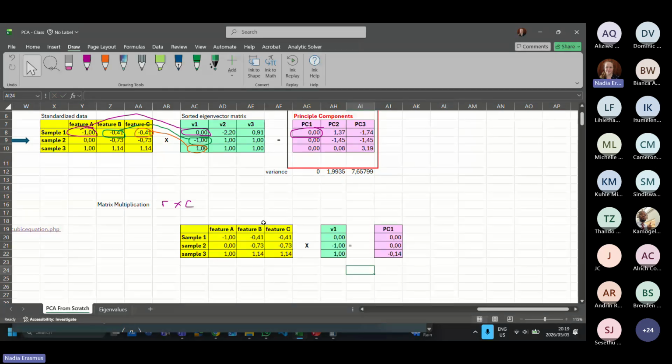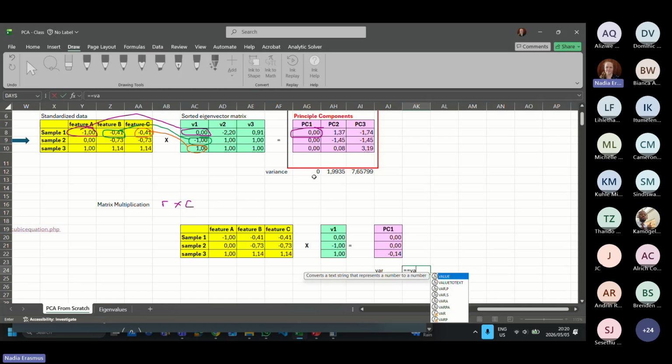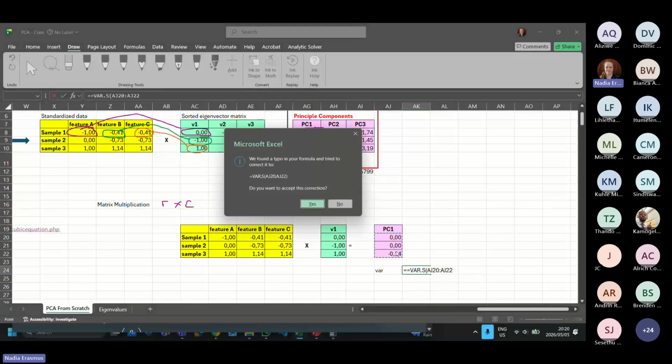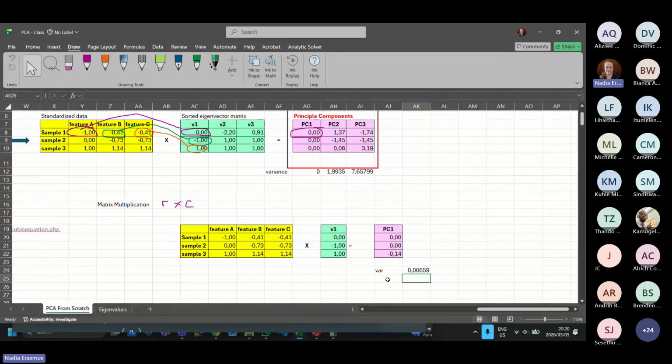Yeah. So we have multiplied the whole standardized data set with the eigenvector to get our first principal component. And then we get the variance of that first principal component. And this is how you calculate it. So you get your variance of all of the values inside. Okay, so this is actually what we did.